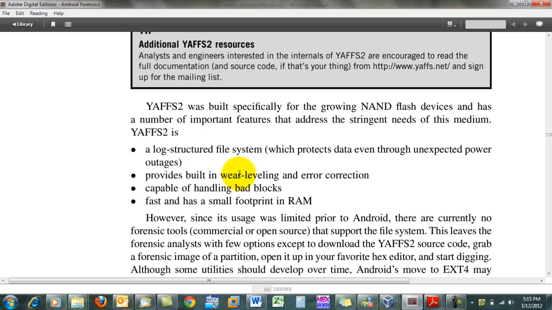Wear leveling means they try to write to every chip once, then do a round robin, writing the first chip, second chip, then going back to the first one. Error correction is about when there's a bad chip, how they mark it as a bad block, and how many read attempts before they consider it unable to read or write.